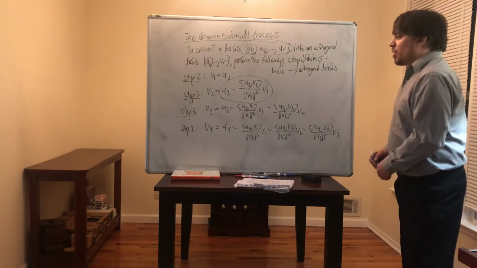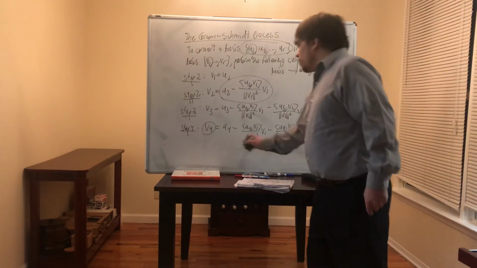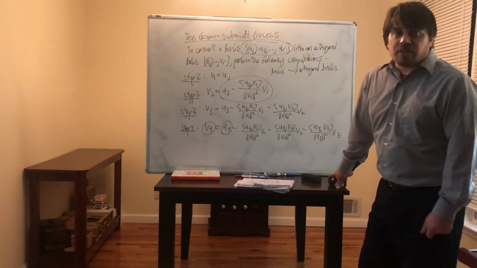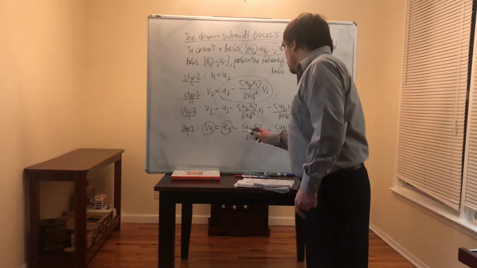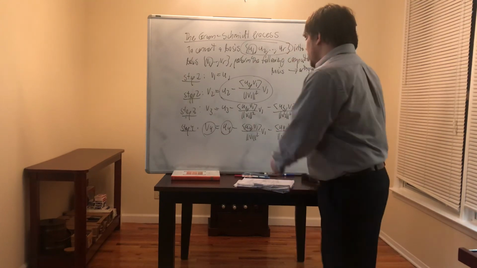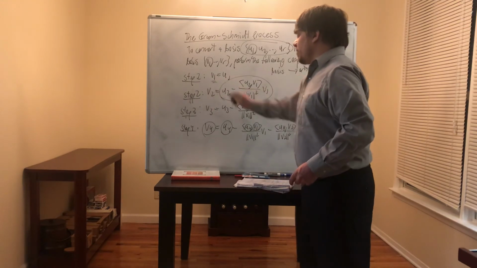For instance, if you have v4, your first term is going to be u4, the fourth vector in your old basis. And you're going to take the inner product of that with the first vector in your new basis, which you already found.